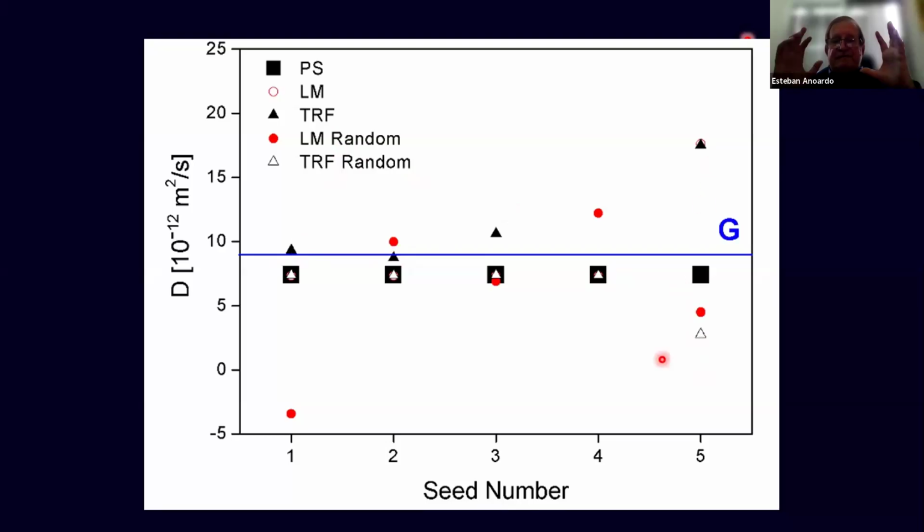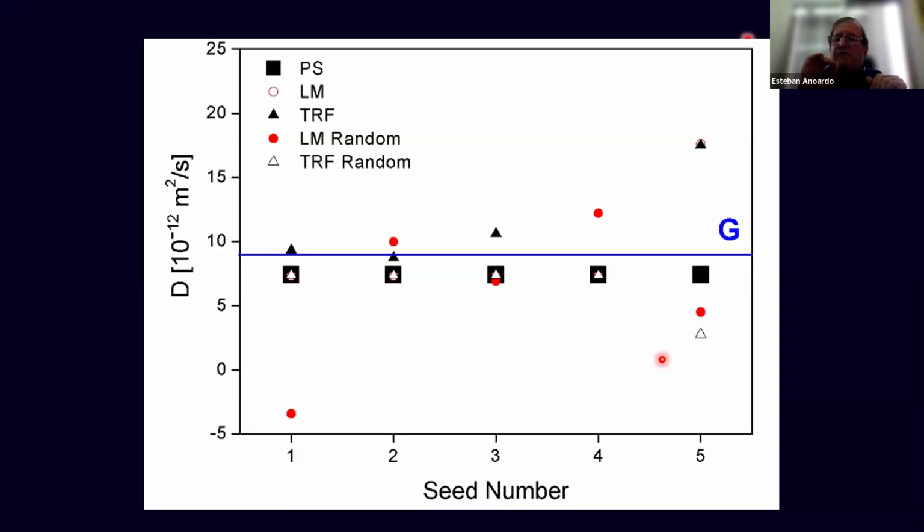Anyway, this shows that pattern search, as a derivative-free mechanism, is working quite well in the sense that it is independent of the seed, at least for this case. This is not general. This is an example for our case, a 7-dimensional space, liposomes, etc. Probably in polymers with a different model, everything will be different.